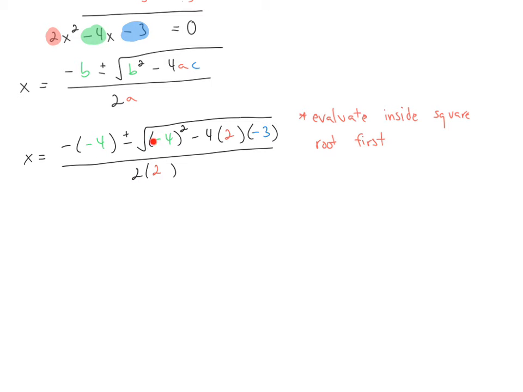On the inside of the square root, we have a negative 4 squared. Again, this is negative 4 times negative 4, and this gives us a positive 16. Now, I see that there's a minus sign here in front of the 4, so I'm going to just carry it down here for now so I don't have to worry about it. And I'm going to treat this 4 like a positive and multiply it with the A and C values. So 4 times 2 is a positive 8, but 8 times a negative 3 becomes a negative 24.